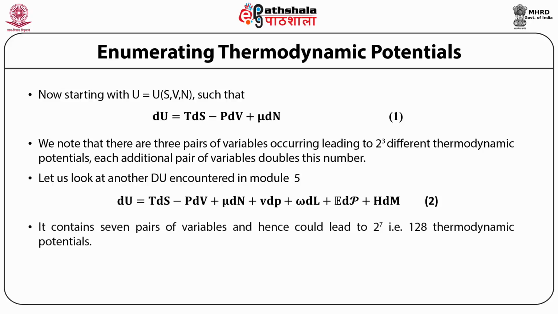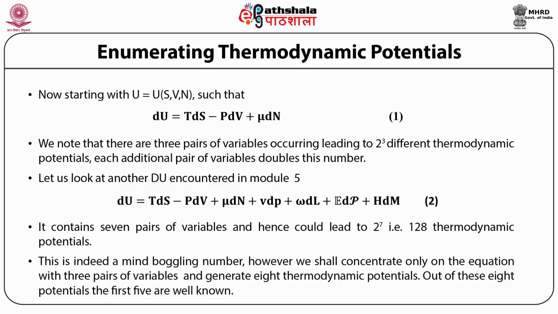It contains 7 pairs of variables and hence could lead to 2 raised to the power 7, that is 128 thermodynamic potentials. This is indeed a mind-boggling number. However, we shall concentrate only on the equation with 3 pairs of variables and generate 8 thermodynamic potentials.